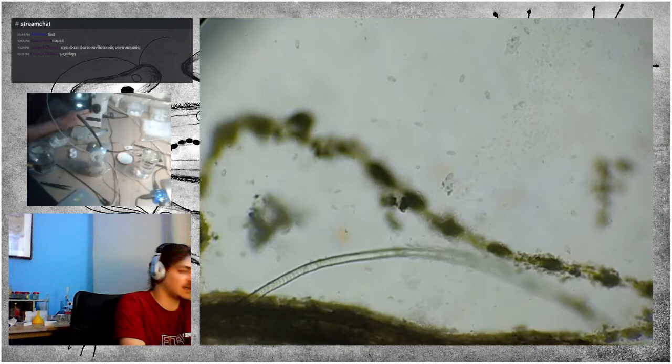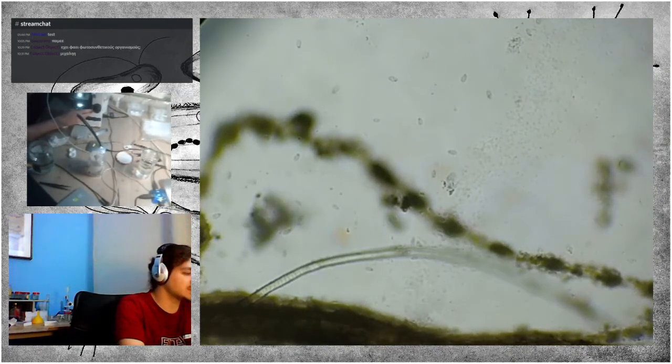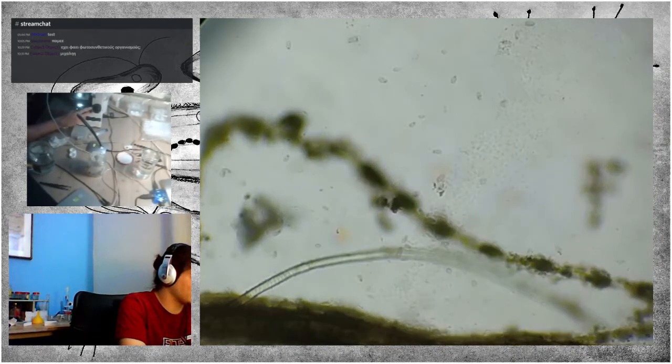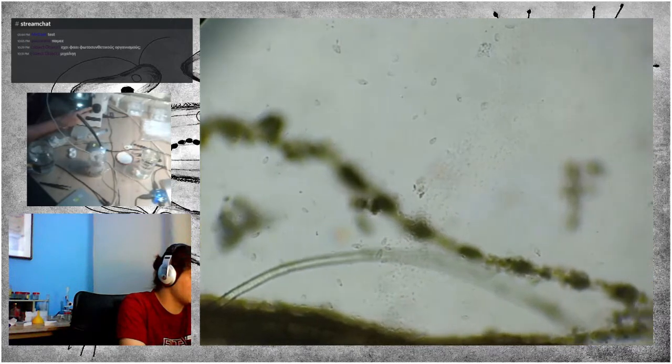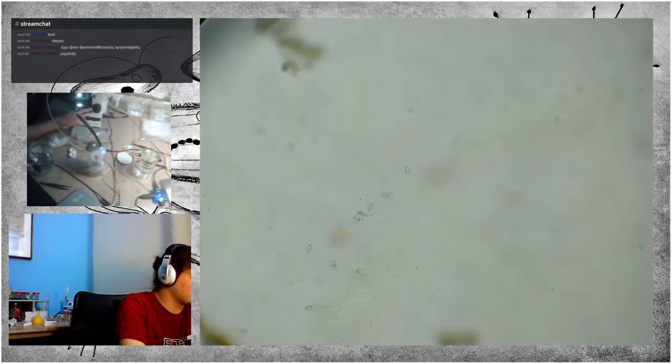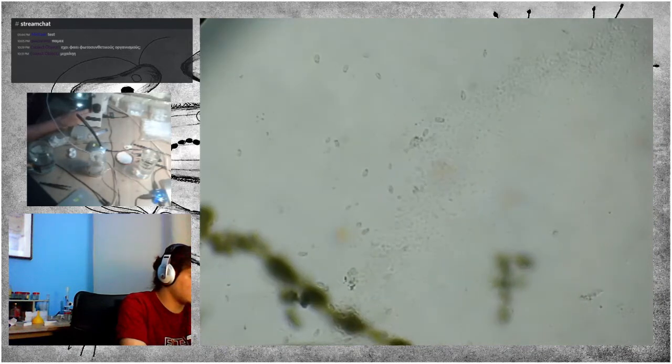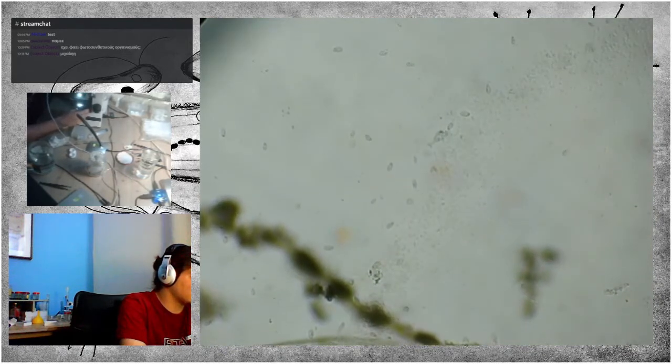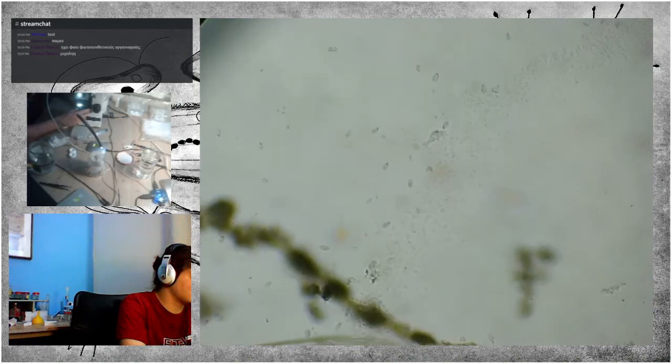And the products are basically oxygen, which is what all non-photosynthetic organisms breathe.